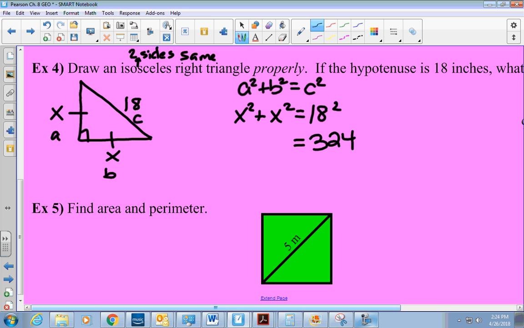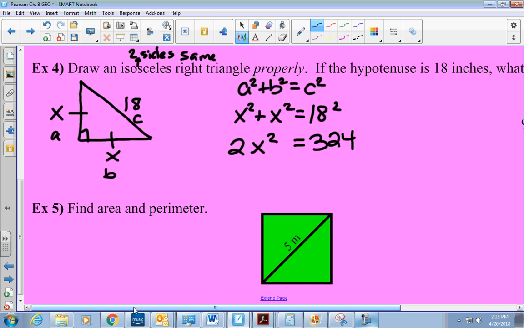Is that a lot? No. Then don't answer a lot, because it's exactly 2. So if I have 1x squared and I'm adding another x squared, I'm getting 2x squared. It's like saying I have one student and another student coming in at lunch. How many students are coming in at lunch? 2. Not a lot, but specifically 2.